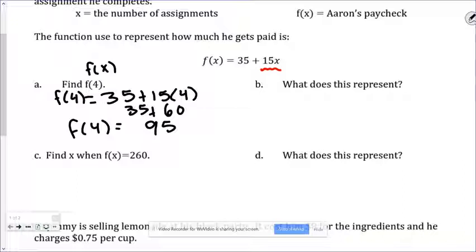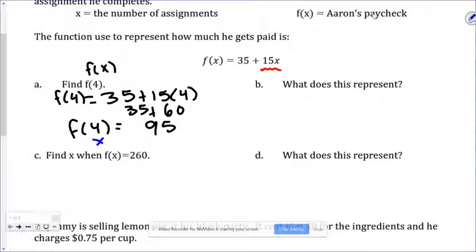And it says, what does this represent? So now we have to explain in terms of this word problem what we just solved for. So this 4, that's my x, and then 95, that's my f of x. So let's look up here. X is the number of assignments. So for 4 assignments, Aaron's paycheck is $95. So you can see this is my x, f of x. So I'm just using these labels that they already gave us.